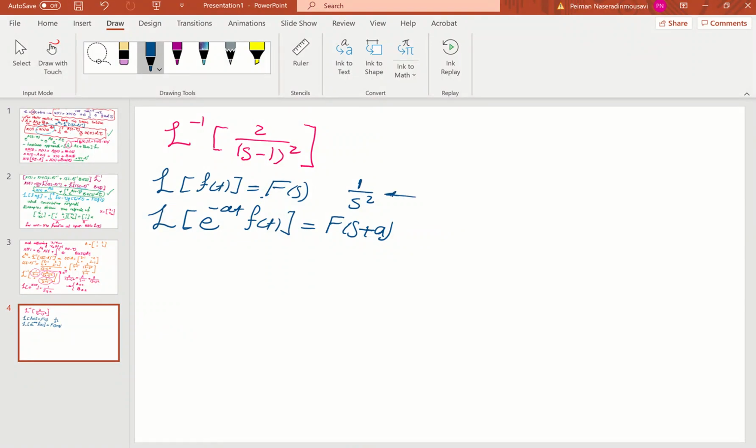This function gives you such a Laplace transform: t, remember? The ramp function. Understand? So the Laplace inverse of this is simply going to be 2 t e to the t. The Laplace inverse of this is going to be time times exponential of t.